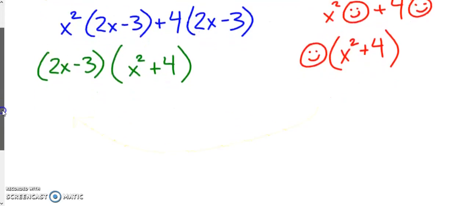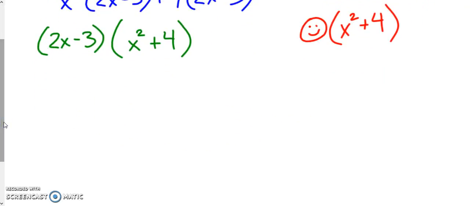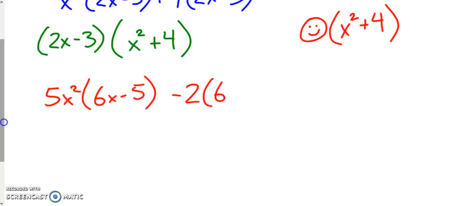All right, let's try one more of this, and then we'll jump straight into factoring by grouping, like the full-fledged one. So, if I have 5x squared times 6x minus 5 minus 2 times 6x minus 5, once again, these two things match. So therefore, I can pull that out to the front.